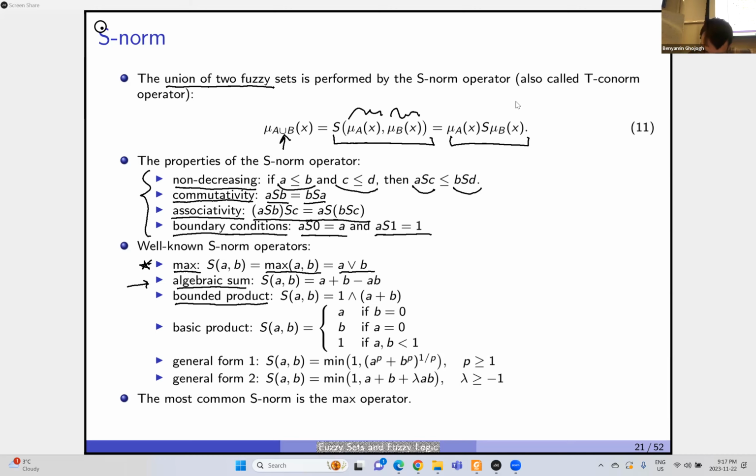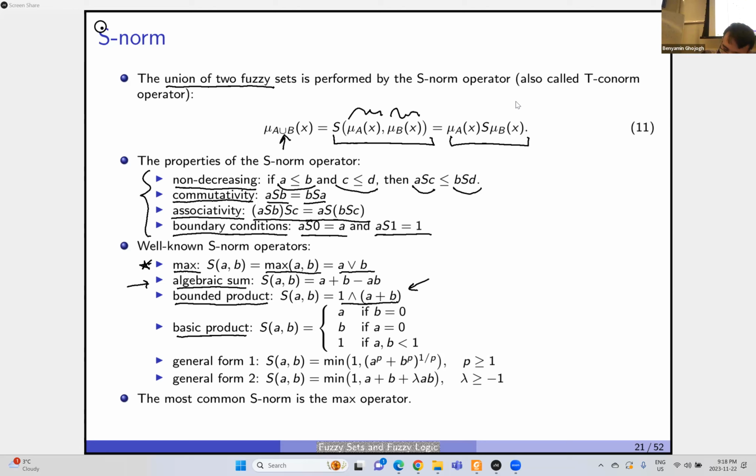Bounded product. What is it? A plus B becomes between 0 and 2. But I don't know why there might be some typo here, but anyway, I read it from somewhere, but I think it has some typo because A plus B might go above 1. Anyways, it's minimum with 1. It's a wedge with 1.